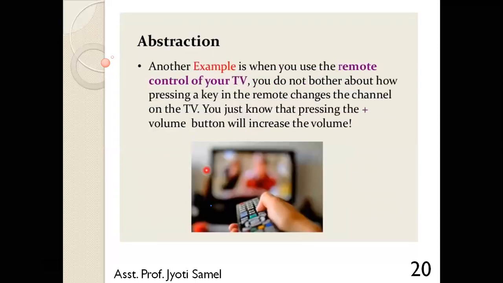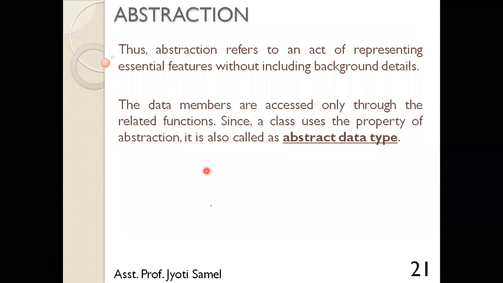Another example is our TV remote. We just do the surfing of channels, increase the volume, decrease the volume, and automatically the volume changes. So my TV remote is again the best example working on the abstraction concept.